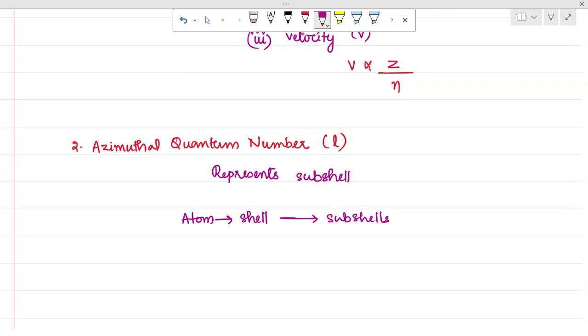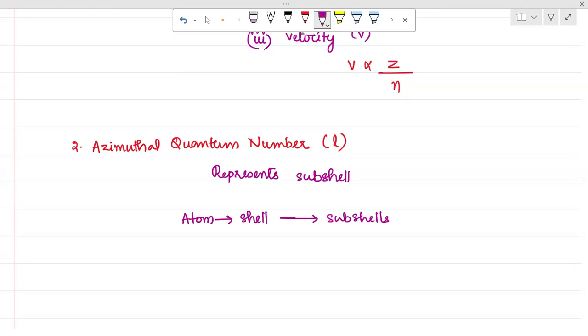Or let's say you have your bag inside which you have many chambers and those are the subshells. I'm telling this in this fashion so that you can just understand, that's all.